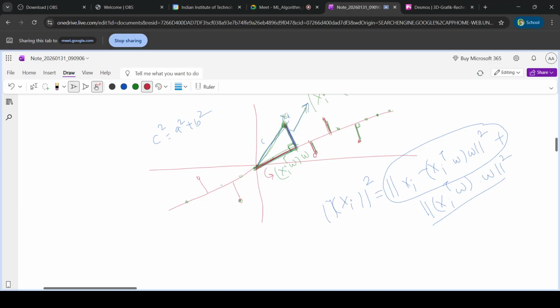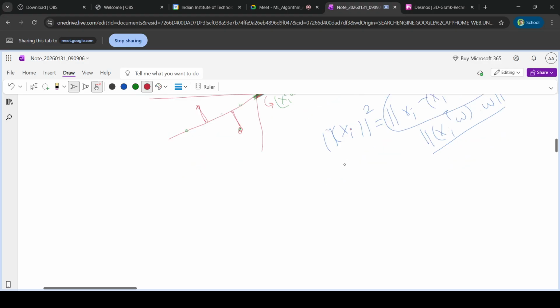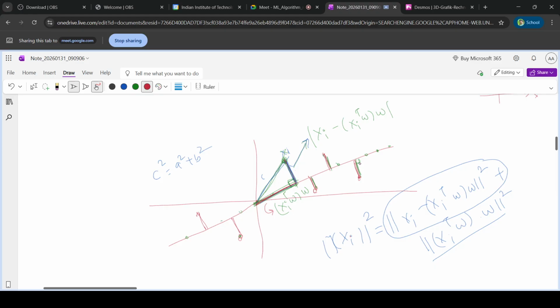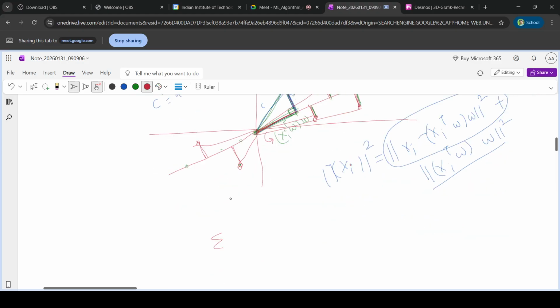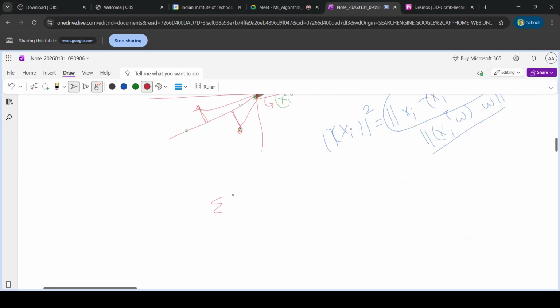So if I do the summation of all these xi, because we have to do all the summations, correct? If I do the summation of all these values, what will happen?